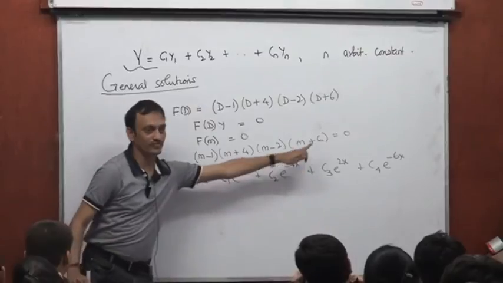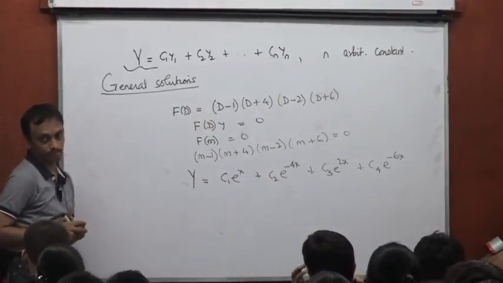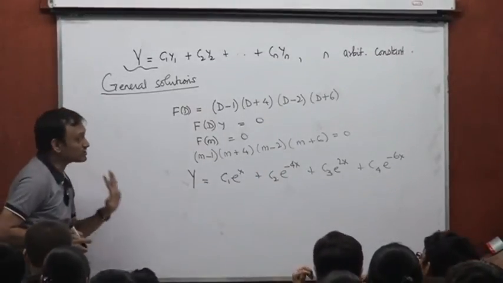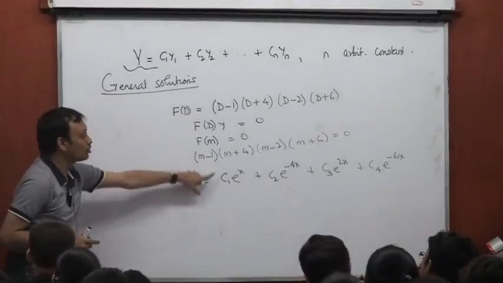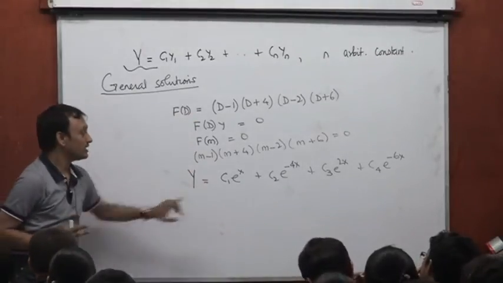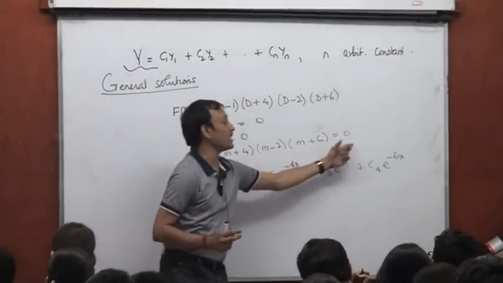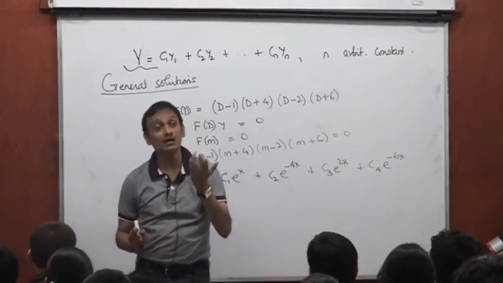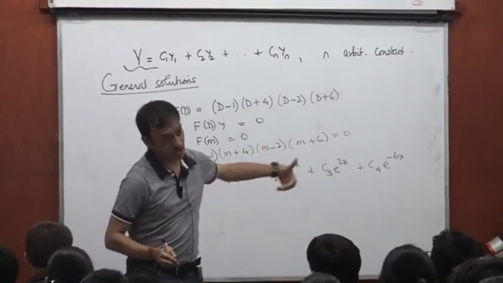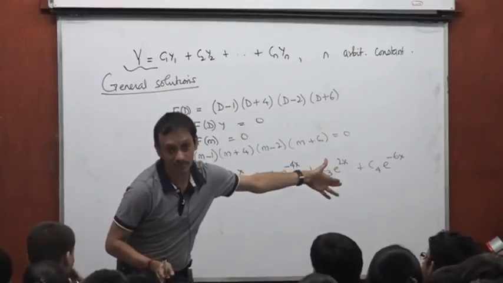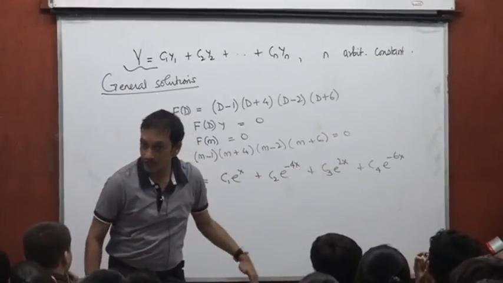These are the various values of m. This is the general solution, with order 4 arbitrary constants. e^x, e^(minus 4x), e^(2x), e^(minus 6x) are particular solutions, but this scheme is the general solution scheme of the differential equation.